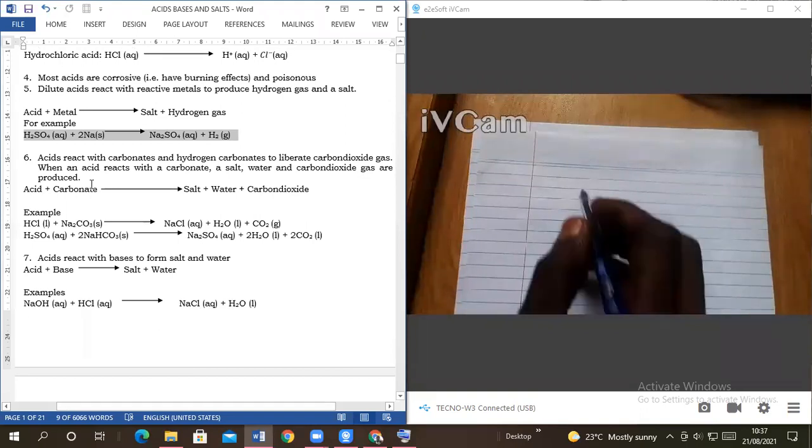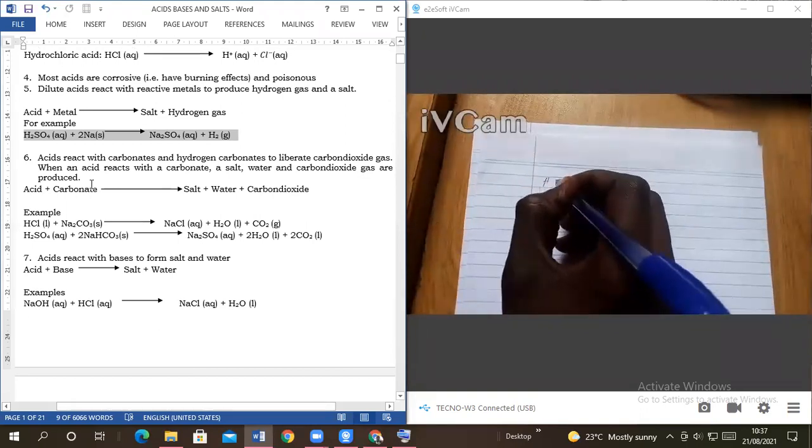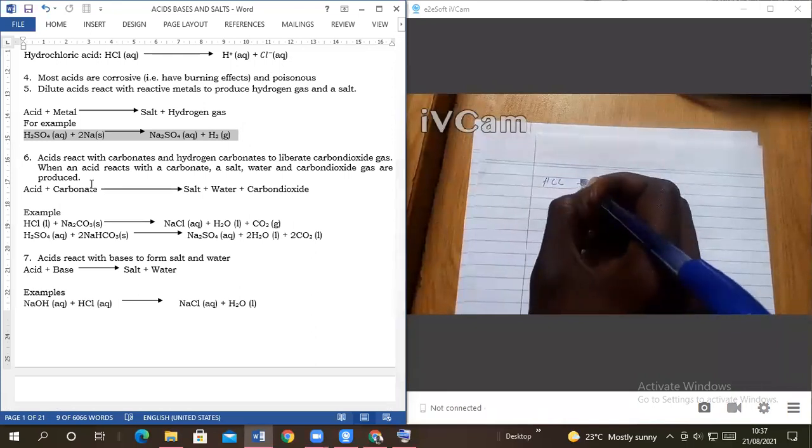When the acid reacts with a carbonate, a salt, water, and carbon dioxide gas are the end products. Acid and a carbonate, any acid, an example is hydrochloric acid, plus any carbonate. We have carbonates such as sodium carbonate, any carbonate of a metal.